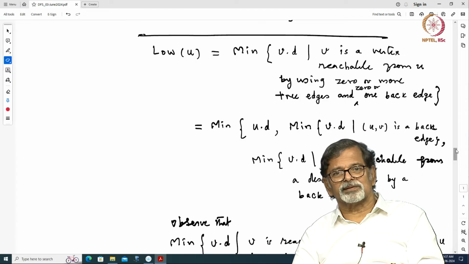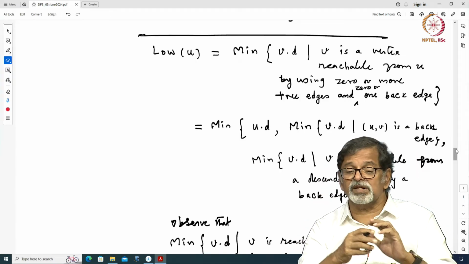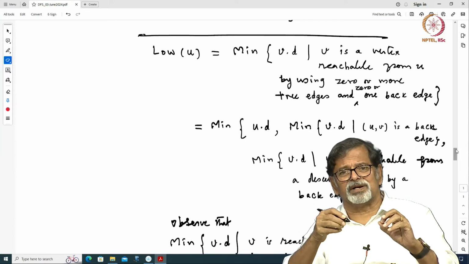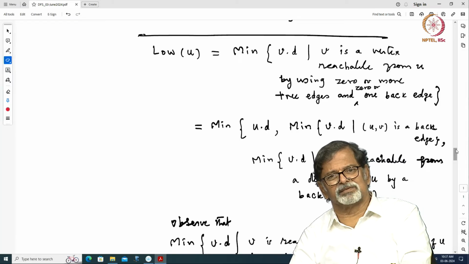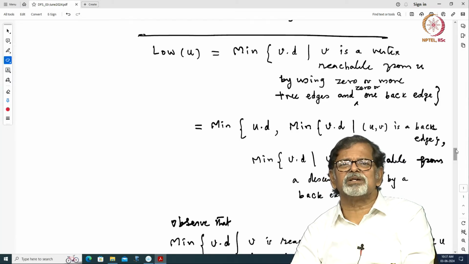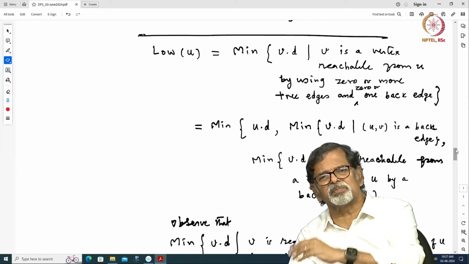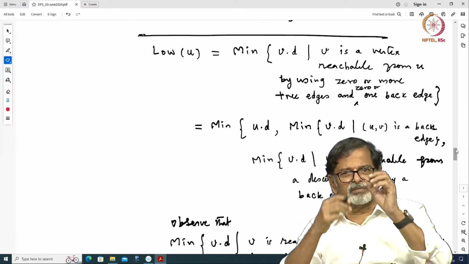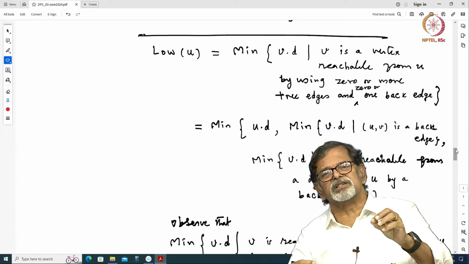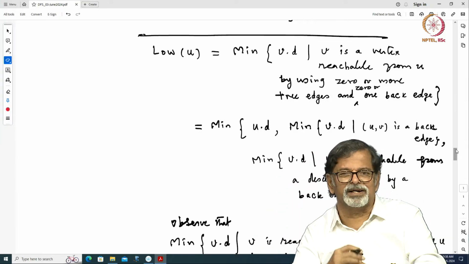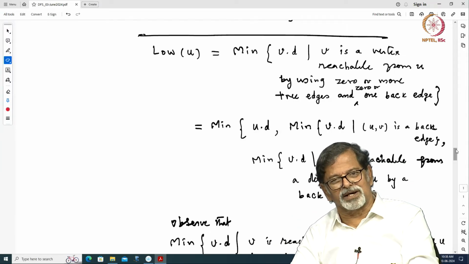Okay. In the most general form, from u you go through some tree edges and one single back edge. So, what is the earliest visited vertex you can reach by this process? From the node, walk along certain tree edges and then use one back edge and then find out where you can go through that back edge.